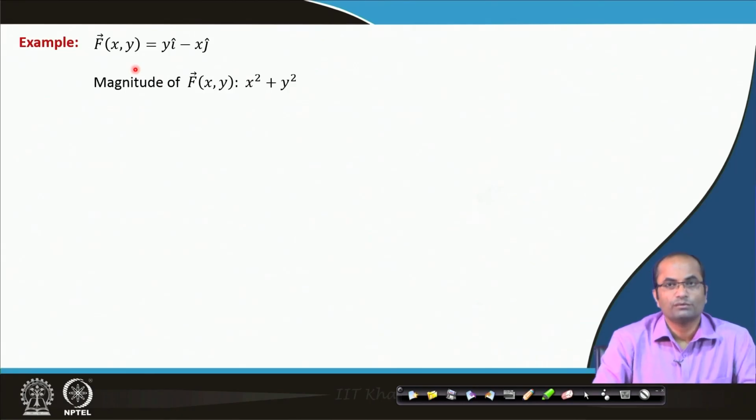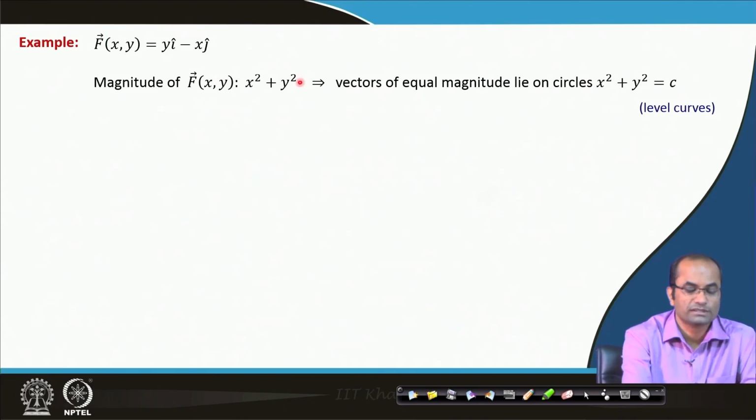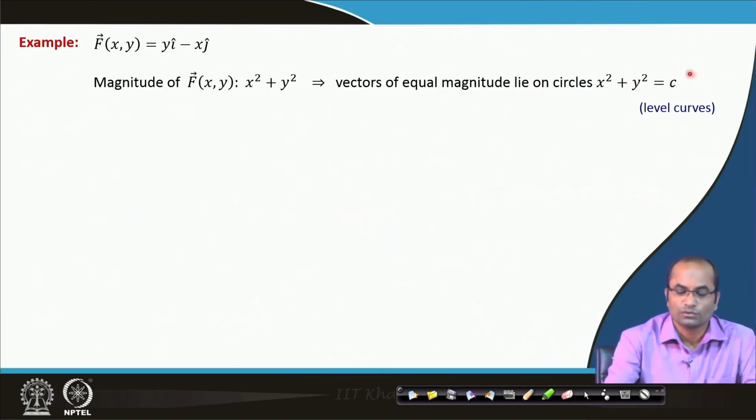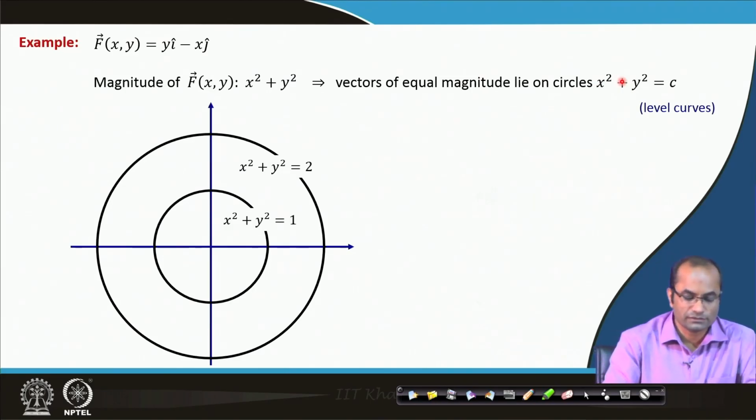So, we can note that the vectors of equal magnitude lie on the circle x square plus y square is equal to c. If c is 1, then all the vectors of magnitude 1 will lie exactly on the circle, or if we change c to 2, for instance, then all the vectors of magnitude 2 will lie on the circle x square plus y square is equal to 2. So, through these level curves we can define the vector valued functions.